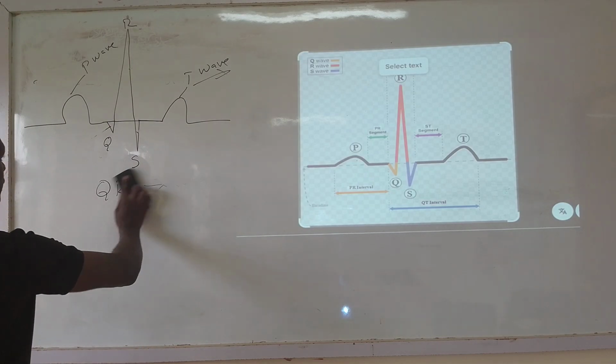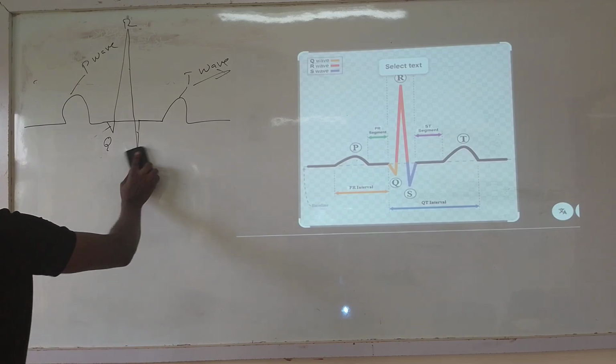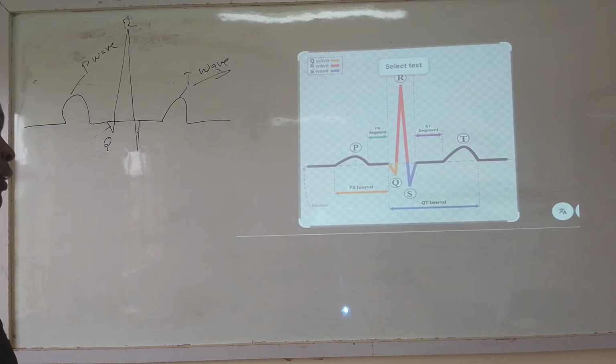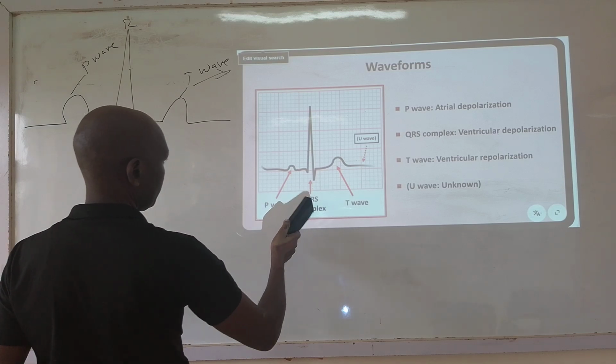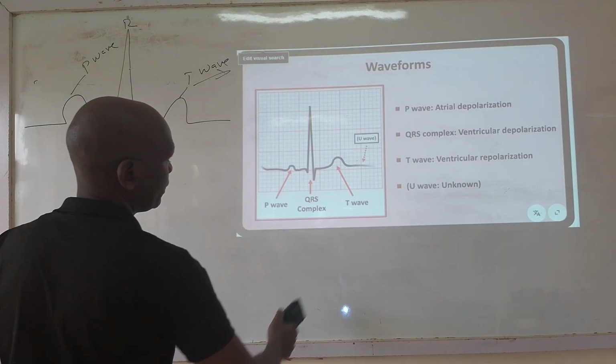That is when the cells return to normal resting potential after depolarization, as we defined earlier. So this is just how those waves look. This is our P wave, this is the QRS complex, and this is the T wave.